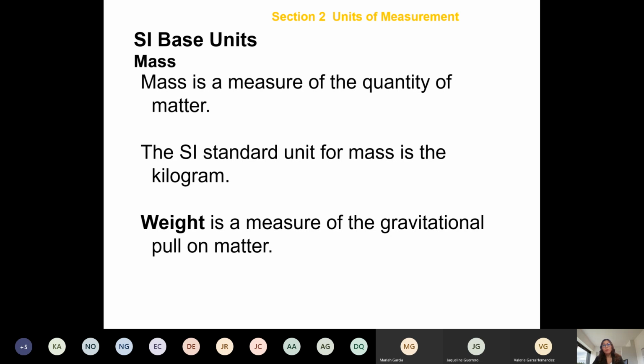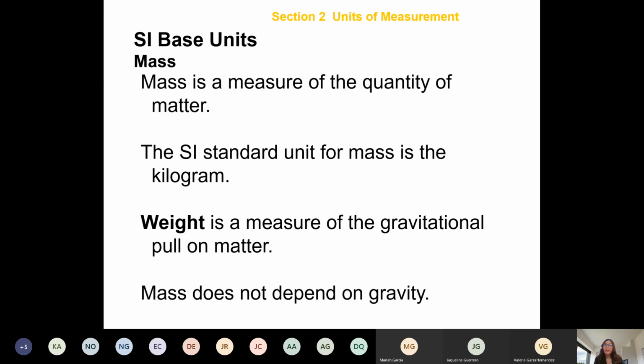But if you were to go to the moon, your weight would change because the gravitational pull of the moon is lower than that of the Earth. So you would weigh less on the moon because there's less gravitational pull. Weight is always dependent on gravity.